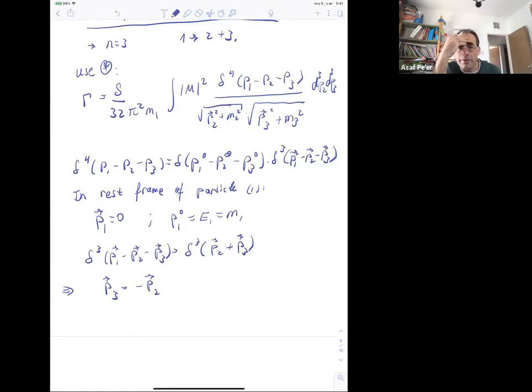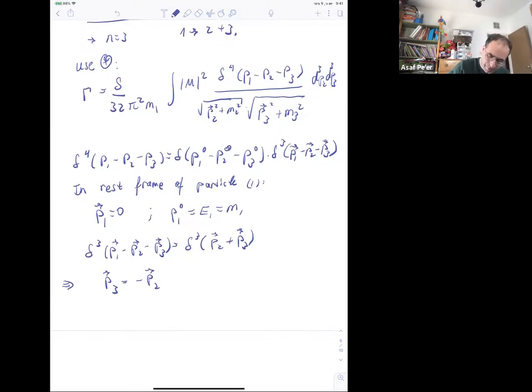And so we can use the delta function to cancel the integration over dp3, right?